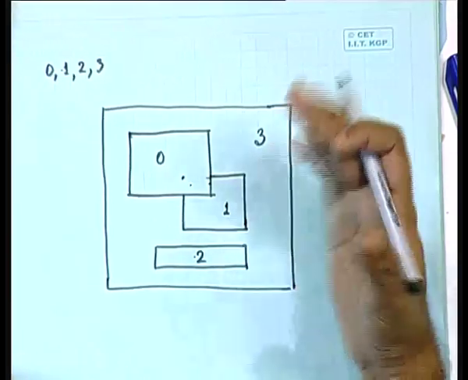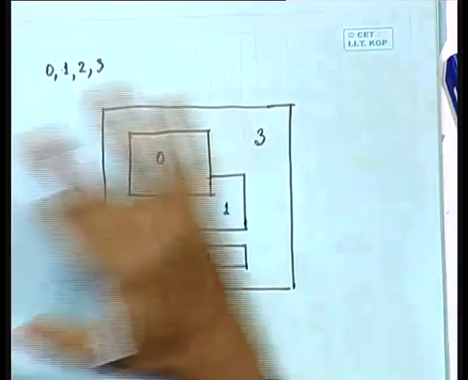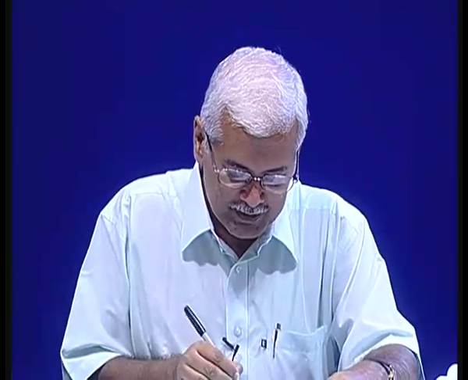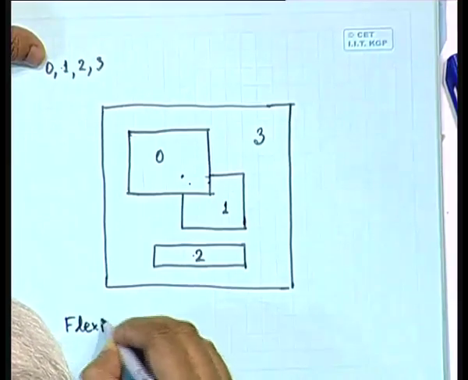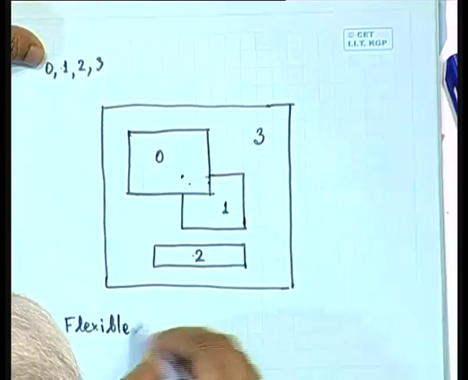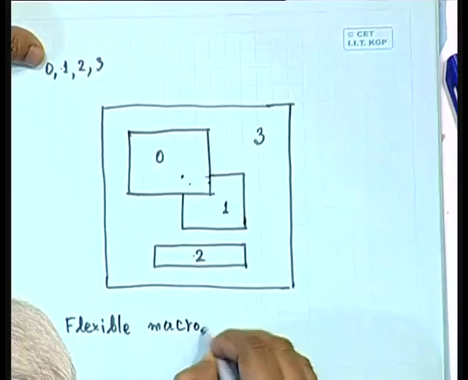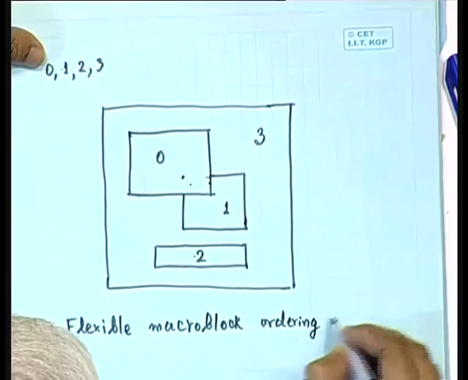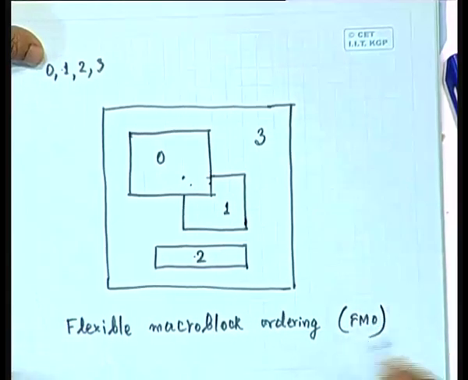Now, as you can very clearly see, slice group 3 consists of all the leftover macro blocks. So, the leftover macro blocks form a slice. Which macro block is put into which slice has to be specified in the form of a mapping, and that mapping is what is called flexible macro block ordering, and in the draft standard it is referred to as FMO.